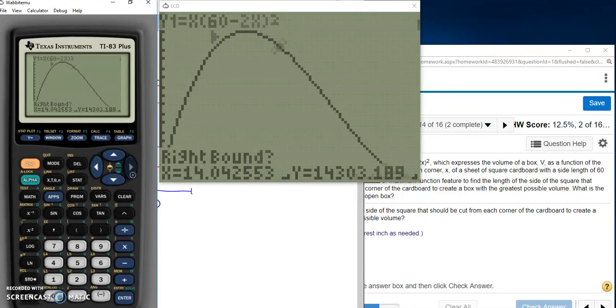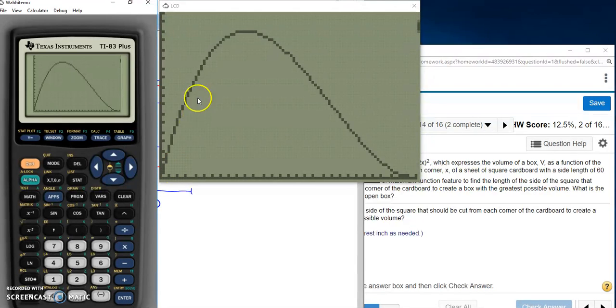So you see how I put these little arrows here? Basically, we just told the calculator, look in between here and here to find a maximum. We're giving the calculator a space to look at. And then when it says guess, we say enter, because we do want it to guess.